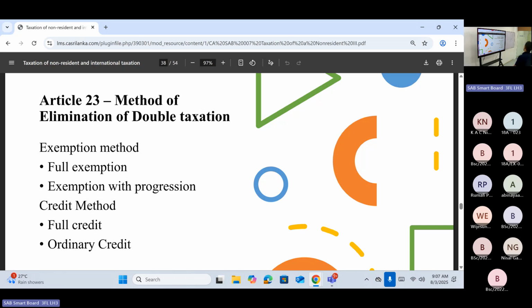Under the exemption method, there are two types: full exemption or exemption with progression. Full exemption means we are not considering income received from the source country; we are giving full exemption.